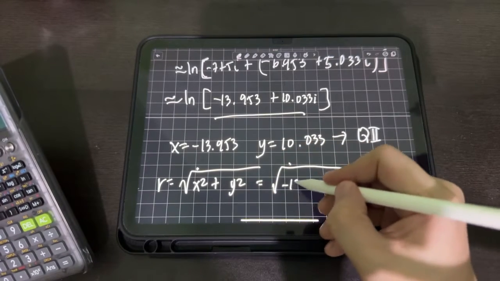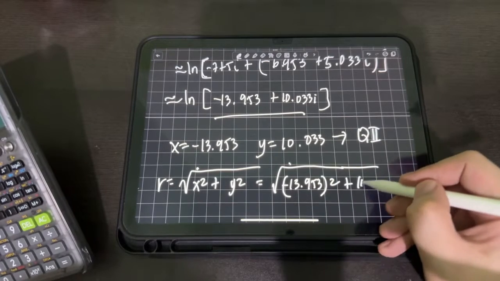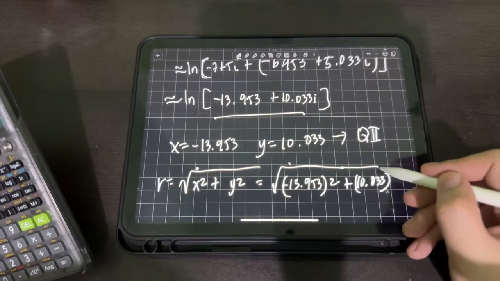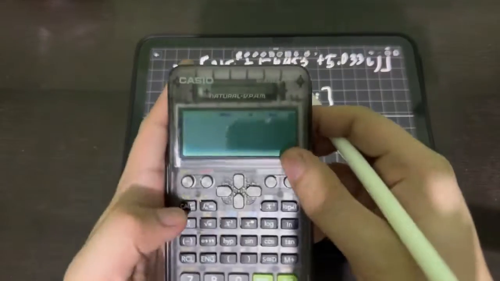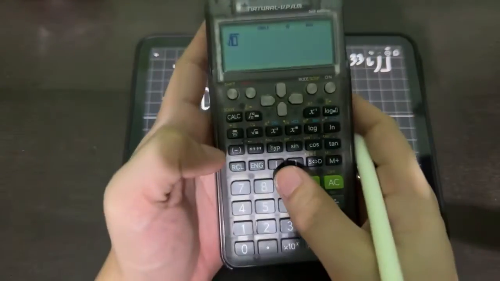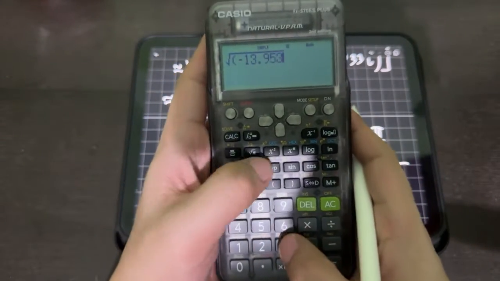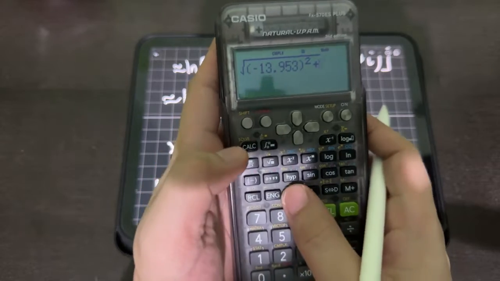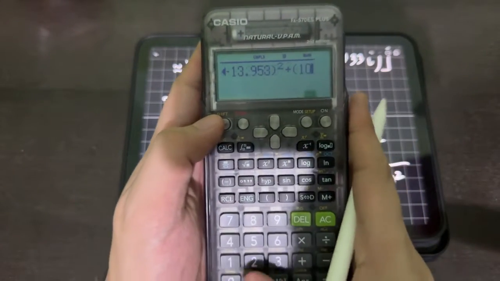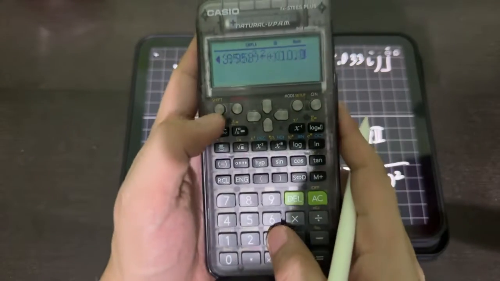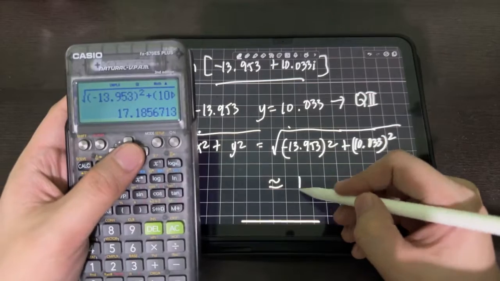So square root of negative 13.953 squared plus 10.033 squared, approximately 17.186.